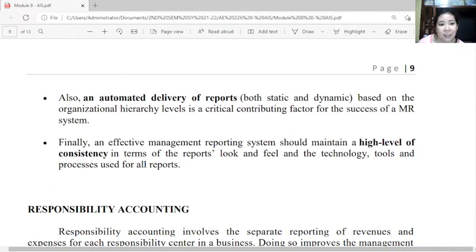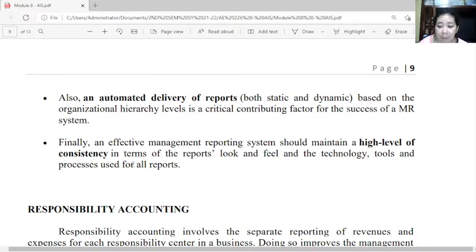Another is the automated delivery of reports, both static and dynamic, based on the organizational hierarchy levels, a critical contributing factor for the success of our MRS. Of course, because as mentioned earlier about automation, there might be some bypassing of human intervention, and the audit trail will not be implemented.